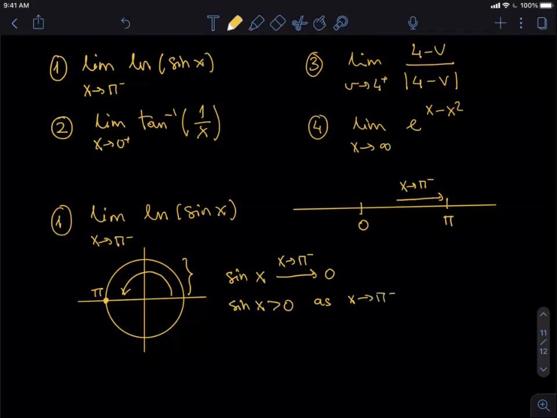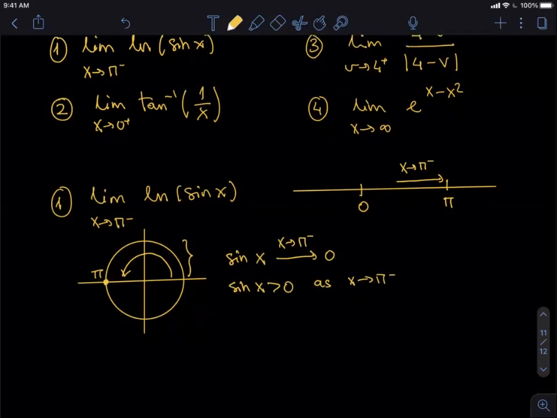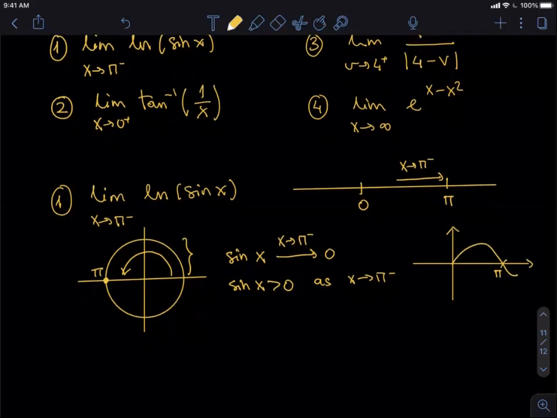You can see all this also if you graph the sine of x. When you graph it, you will notice that it's something like this, and this is your x equal pi. So you see again that the sine is positive as x tends to pi from the left, because we are in this region.